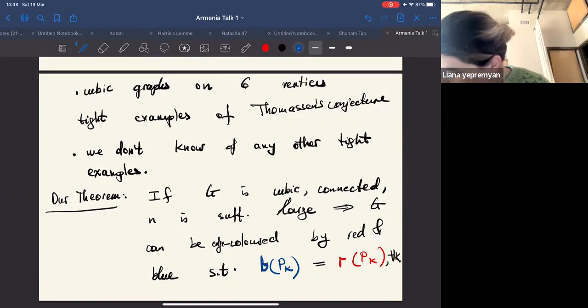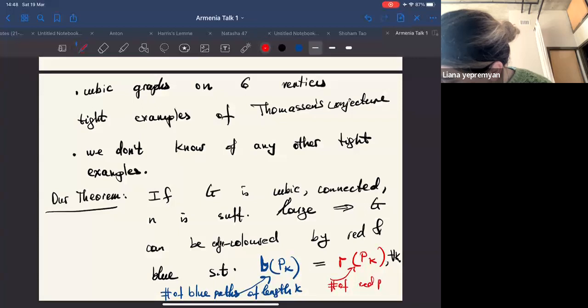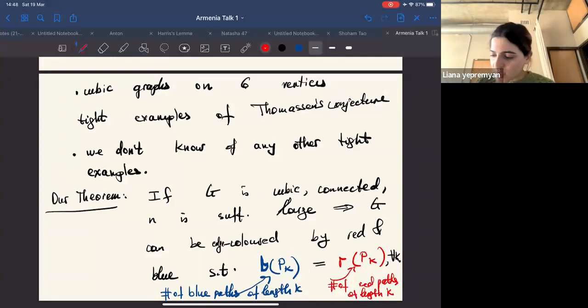So this is the number of blue paths of length k, and this is the number of red paths of length k. So I just rephrased the theorem, because once I have this, then I can definitely make an isomorphism between the red and blue graphs.